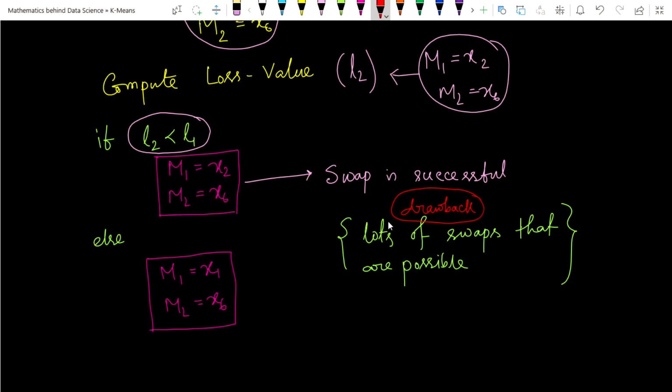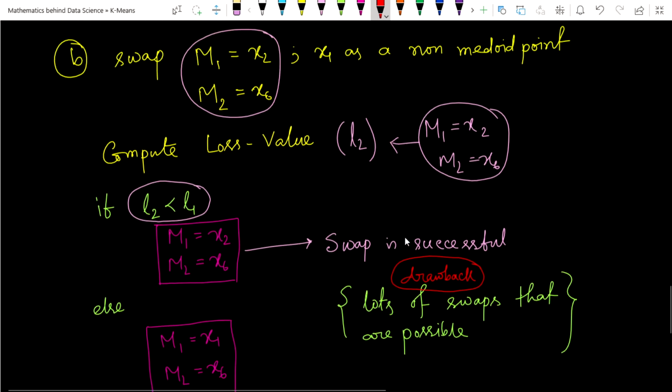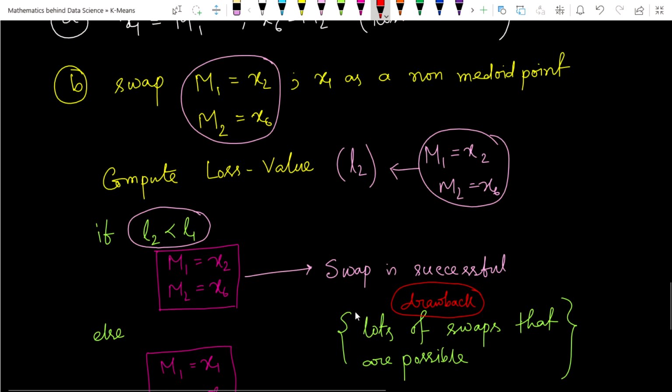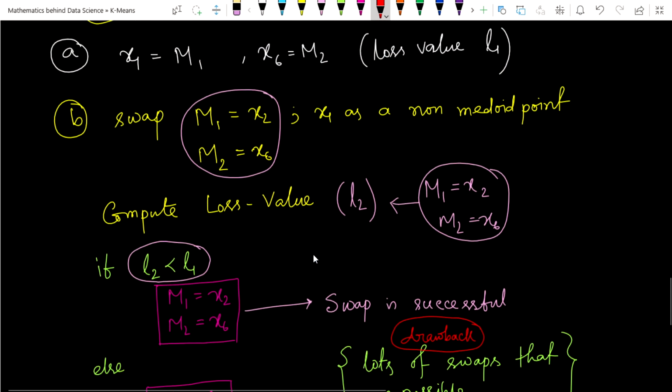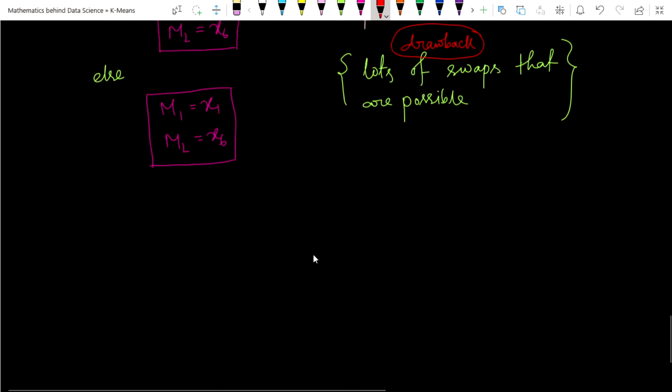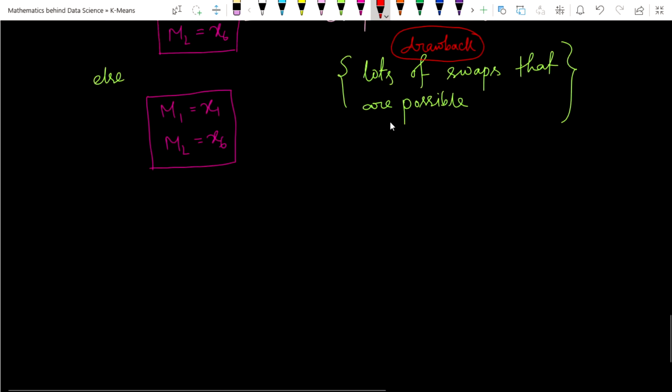If your data set is large, then there are lots of swaps. This is the drawback in terms of time complexity, but there are some advantages also.